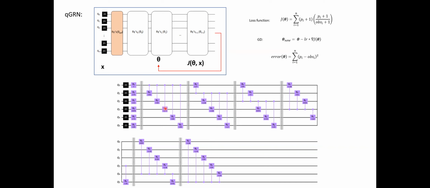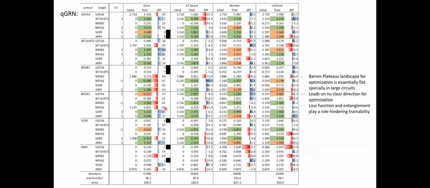And I would say this can be called a quantum gene regulatory network model. Like I mentioned before, it's an optimization problem, looking for those values that make the final distribution similar to the observed distribution.